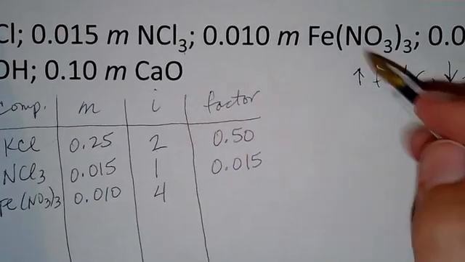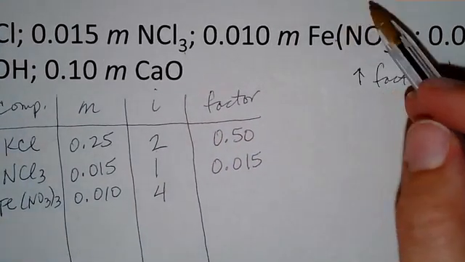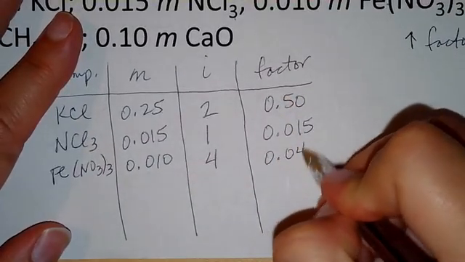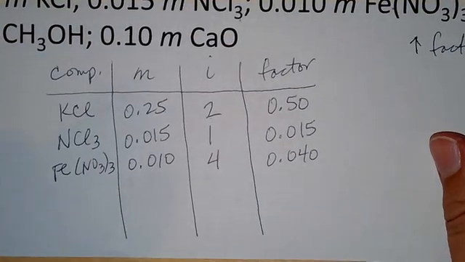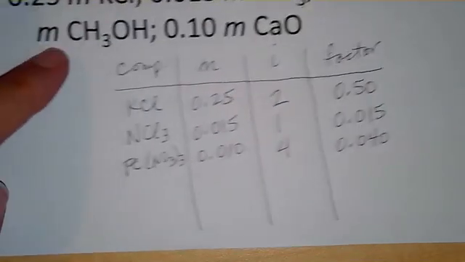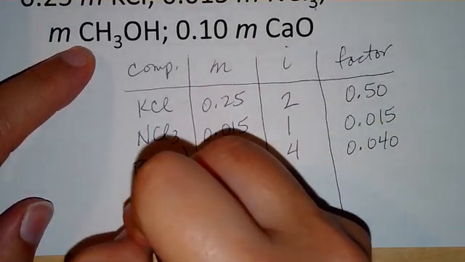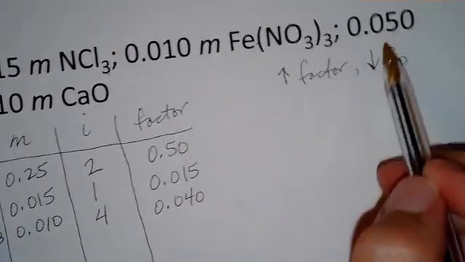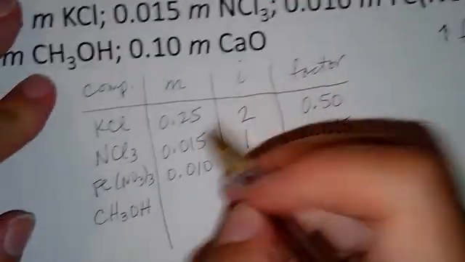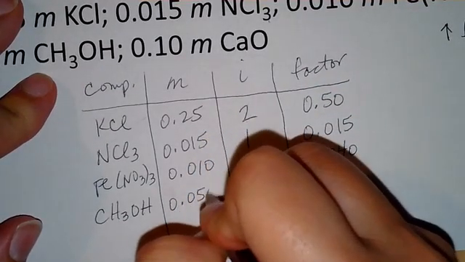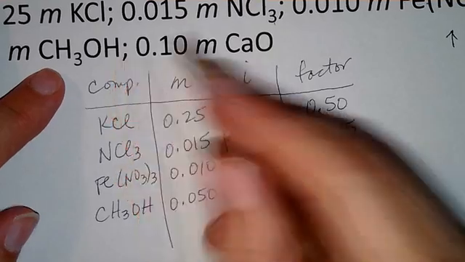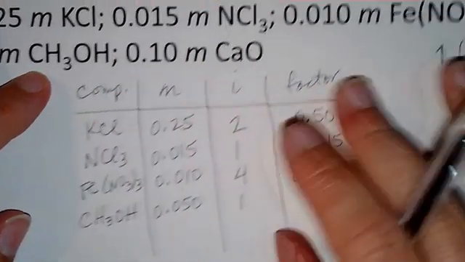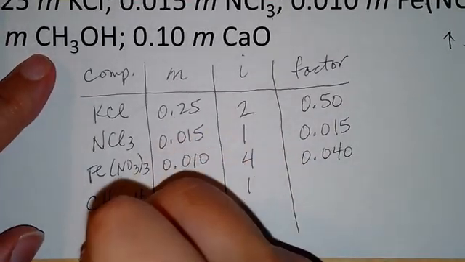Our molality was 0.05. And our I value again is going to be 1 because this is covalent, it's not going to ionize. And then our last one, calcium oxide, 0.1 molal. I value is going to be 2 because this is an ionic compound that will ionize. And when we multiply across, this becomes 0.2.